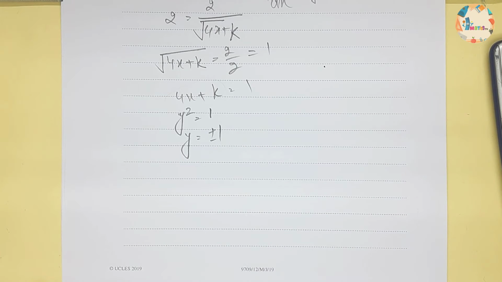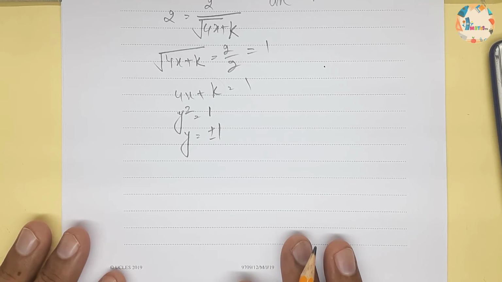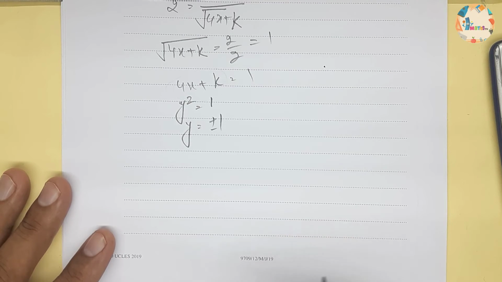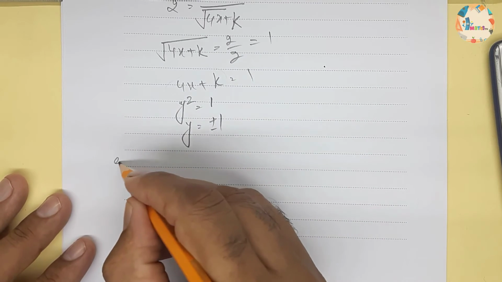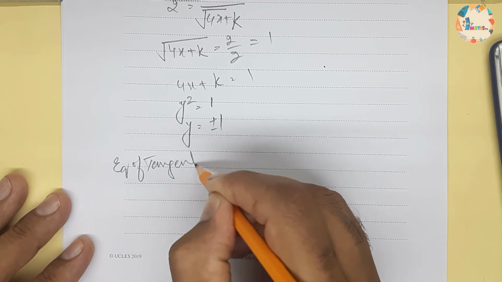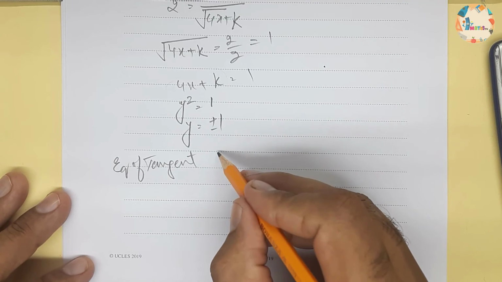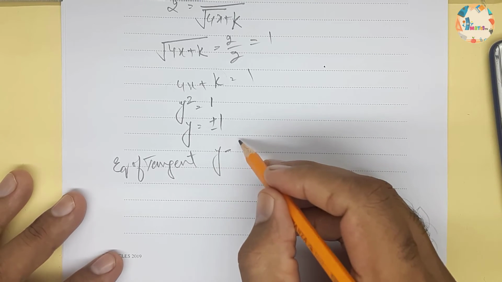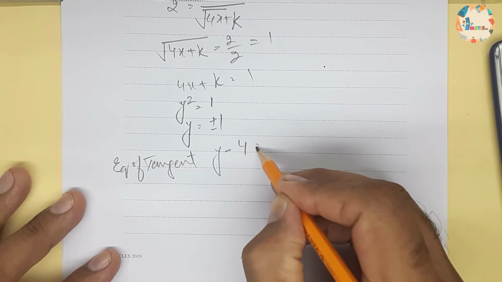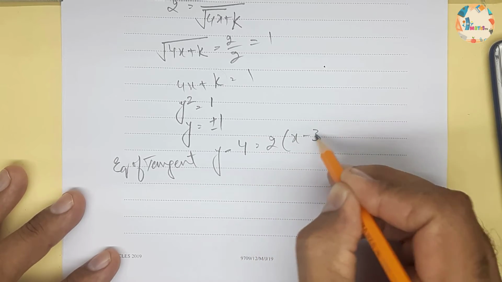So now we can write the equation of the tangent. Equation of the tangent we can write for this one, which is y minus 4 equal to 2 into (x minus 3).